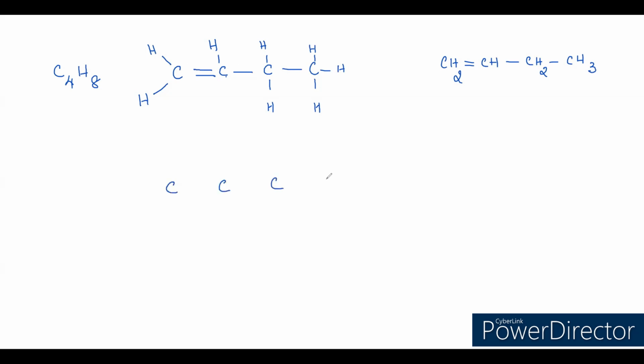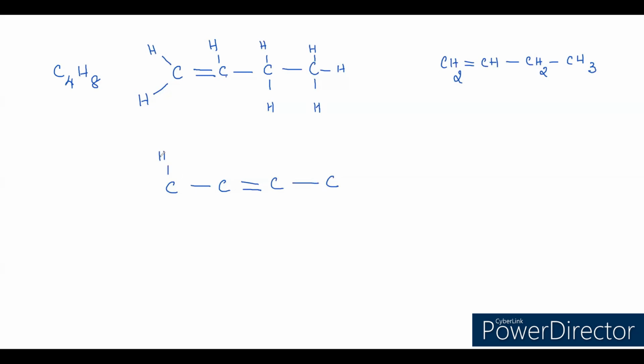Before we name this, let me tell you one more possibility. I'm writing the four carbons like this. And here, what did I tell you? I need to connect any two consecutive carbons by a double bond. Now, suppose I'm selecting these two carbons. Then the single bonds are here.